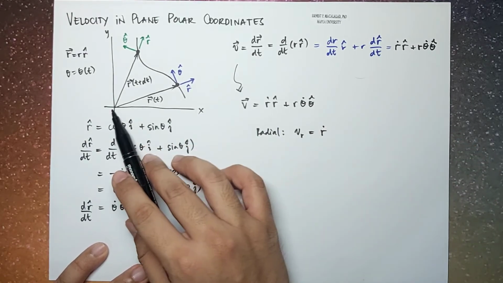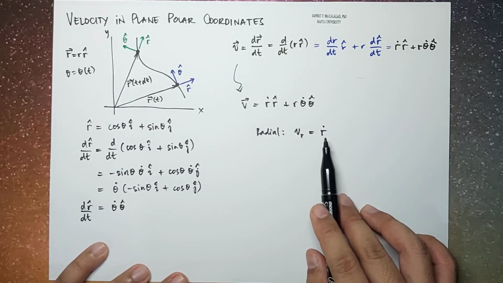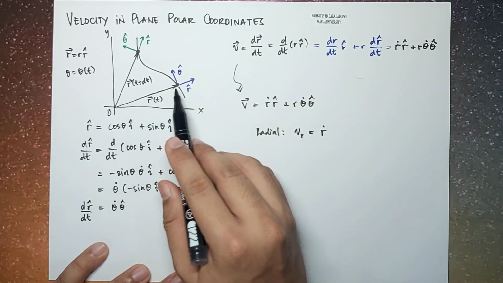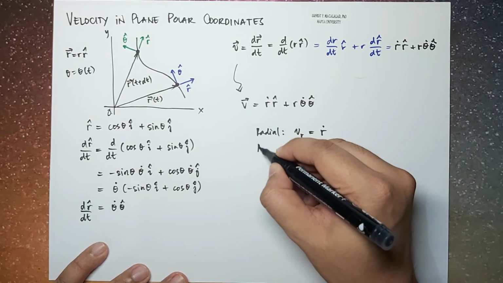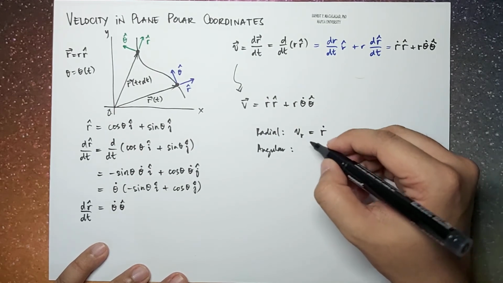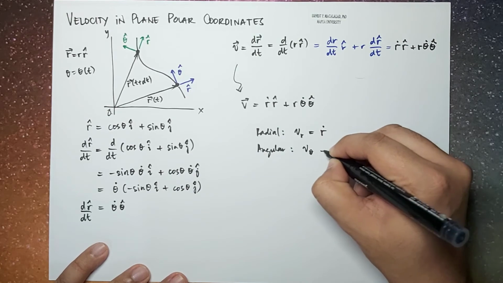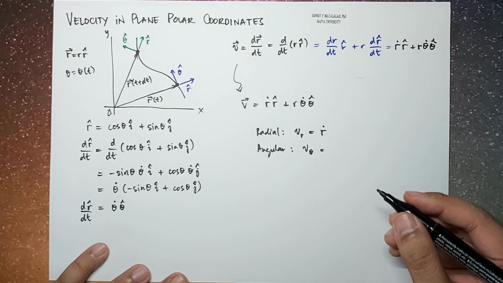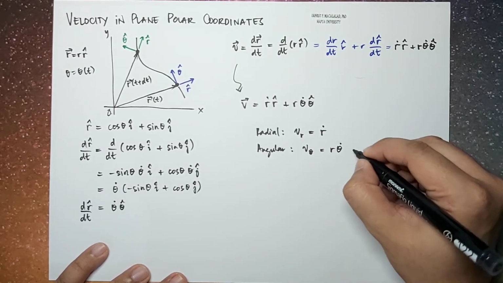This tells us how fast the distance between the origin and your particle changes with time. The angular component tells you how the particle's angular position changes with time, so this becomes r theta dot.